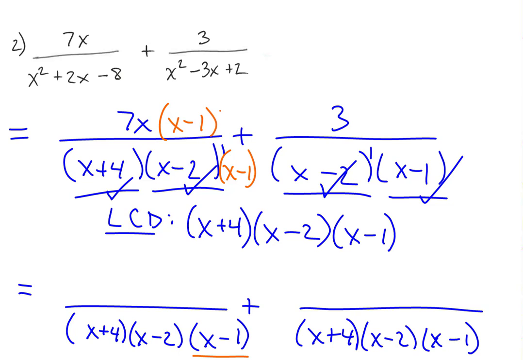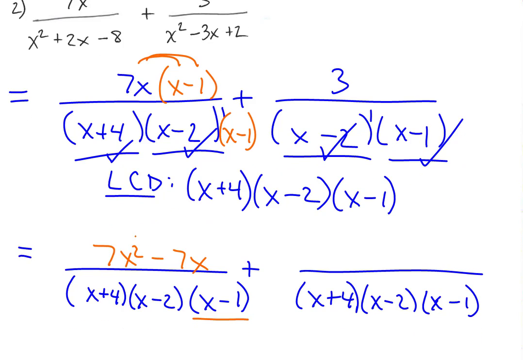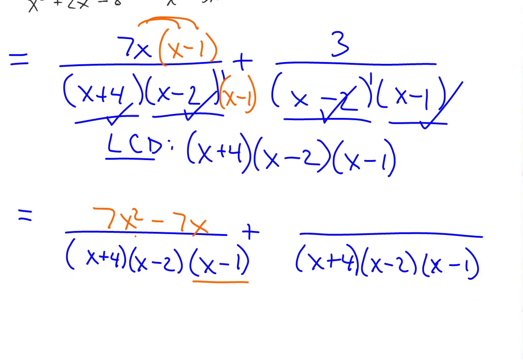Now, with that being the case, we would multiply the 7x times the x minus 1 by distributing it in, which would give us a brand new numerator of 7x squared minus 7x. So we've now recreated the first fraction, but now with the common denominator we were expecting to use. So we'll go on to the second fraction and basically do the same, looking for what it might have been missing.